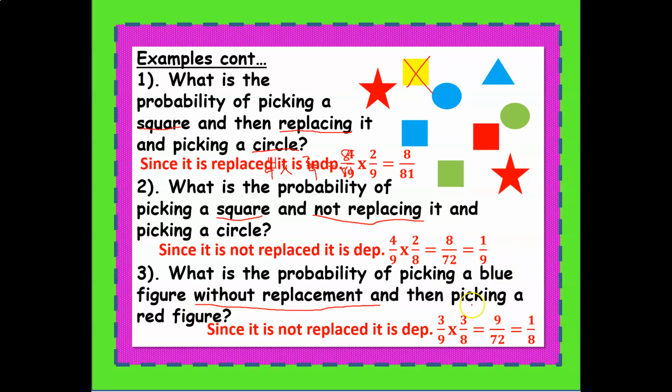So we end up with blue first, so that's 3/9 or 1/3, and then red, which is 3, but remember we're not replacing that blue item that we drew. That yellow one will still be there. So we end up with 3 reds out of 8 total shapes, or 9 over 72, which is 1/8.